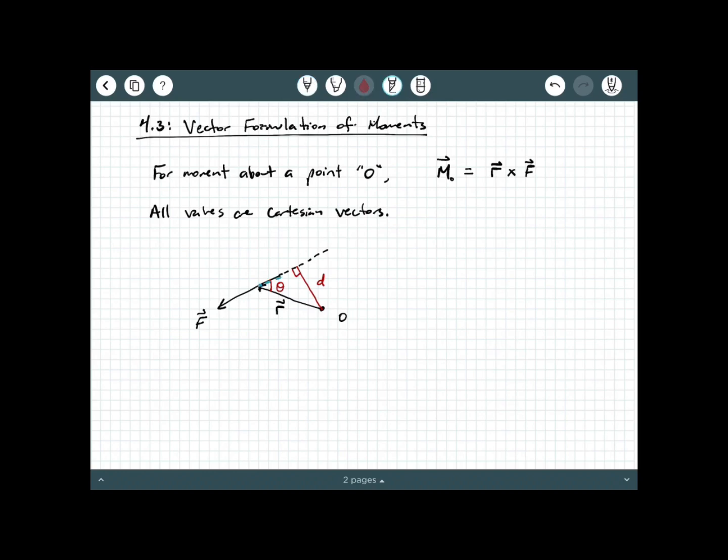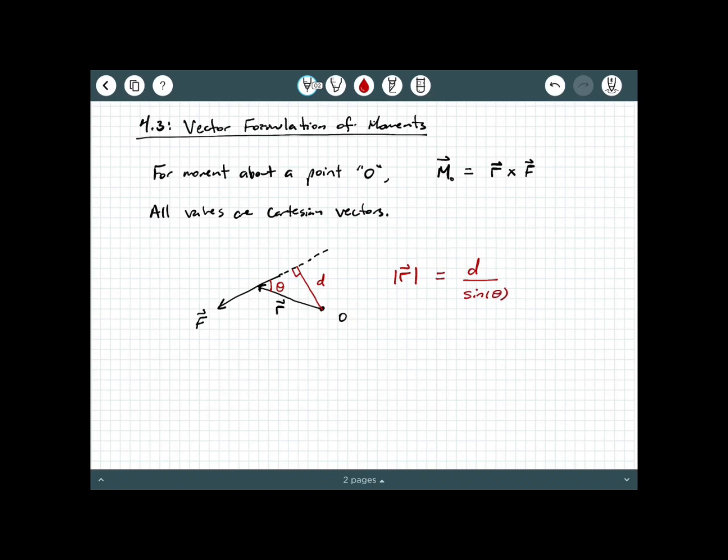We see a right triangle has formed, okay? So what can we then say? We can say that the magnitude of vector r can be written as equal to d over sine theta, okay?